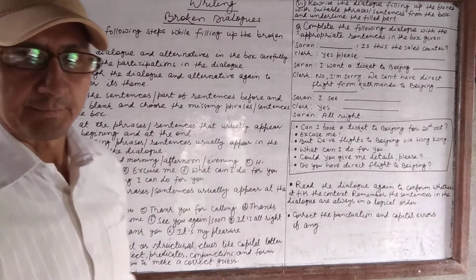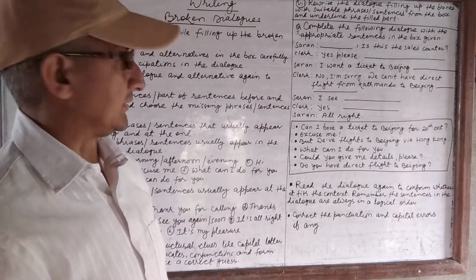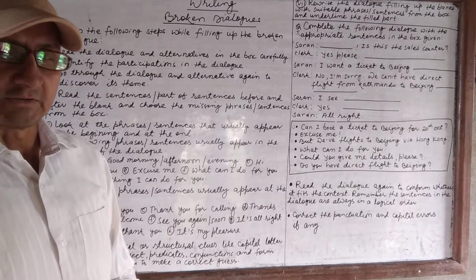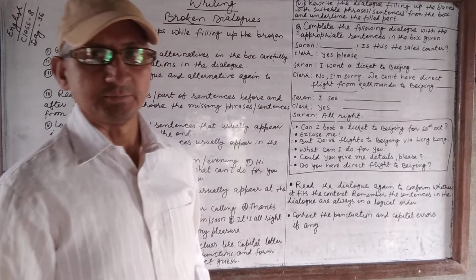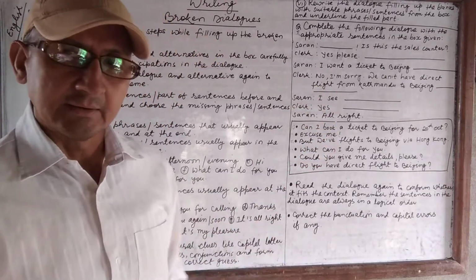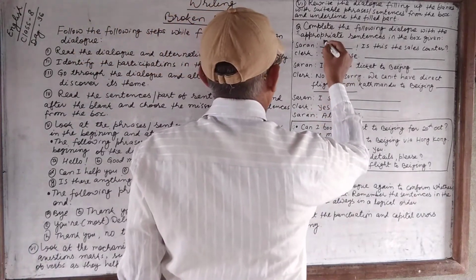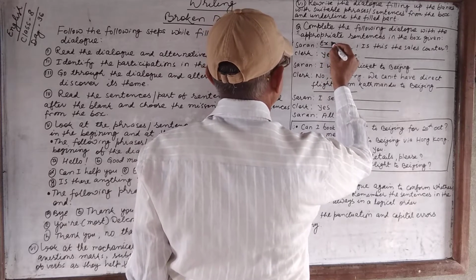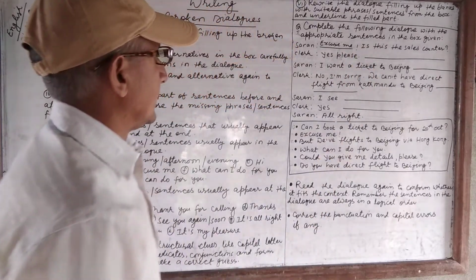Such phrases, clauses, sentences are used in the beginning of the dialogue. Is there any such words which are in the alternatives? Yes, there is one word. Excuse me. This excuse me is used at the beginning of the dialogue. So excuse me is the answer.